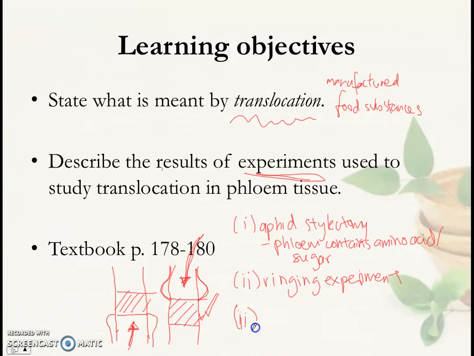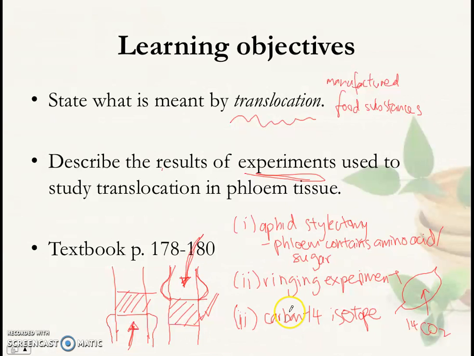Now the last experiment we had was the carbon-14 isotope experiment. In that experiment we saw that when you give the leaves carbon-14 carbon dioxide, they make carbon-14 sugars which were transported into the phloem, and we saw that only the phloem gives a radioactive signal.